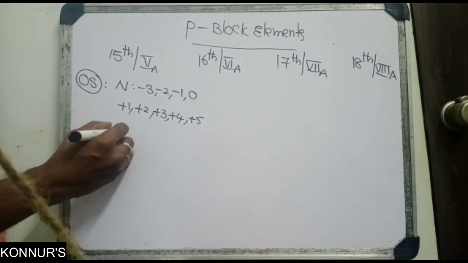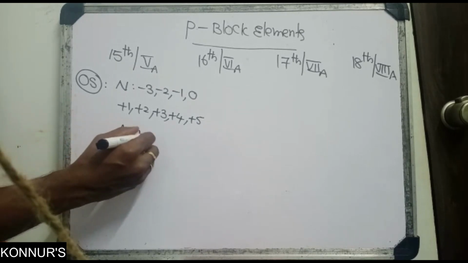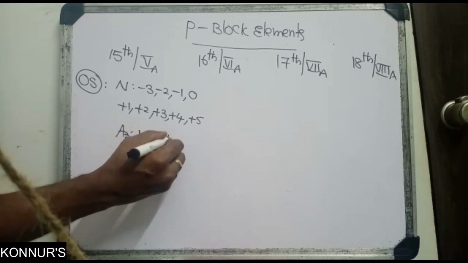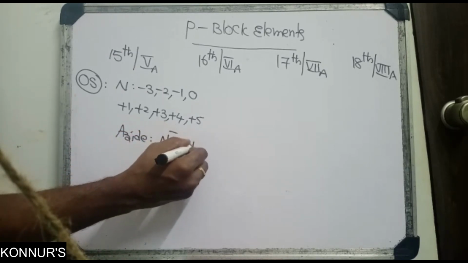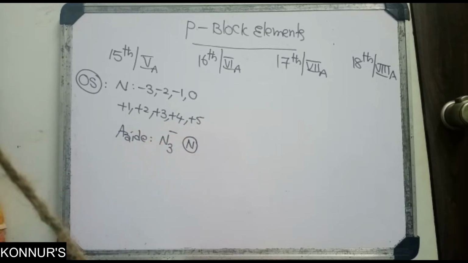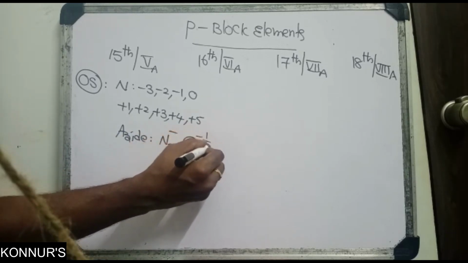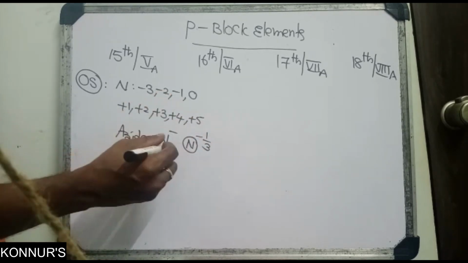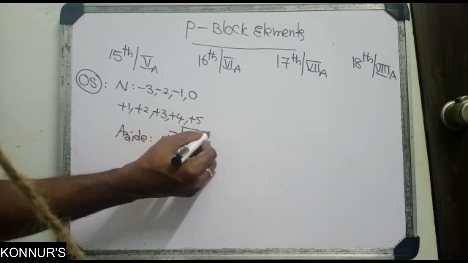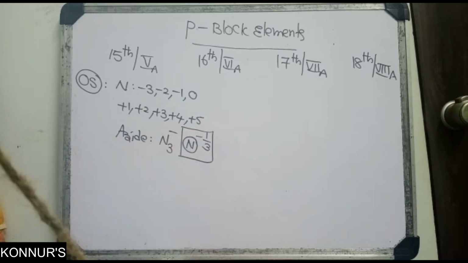Next, in azide, azide means N3 -1. So for each nitrogen the oxidation state is -1/3. So fractional oxidation state is also available for nitrogen.